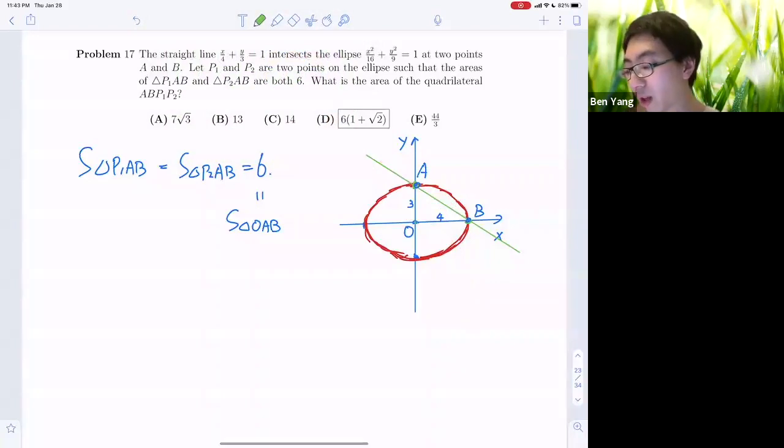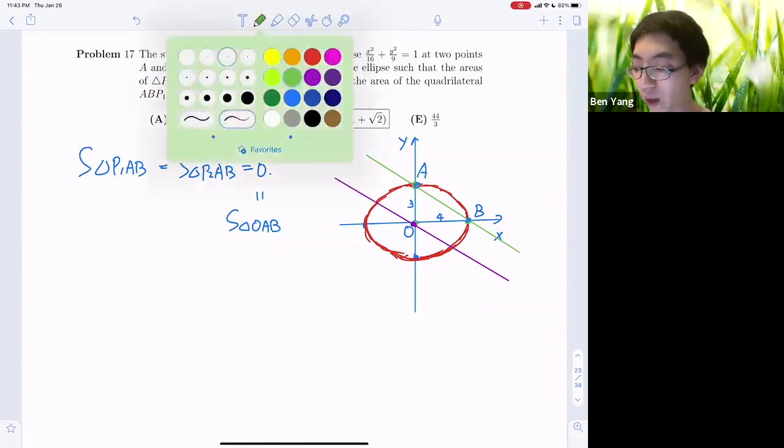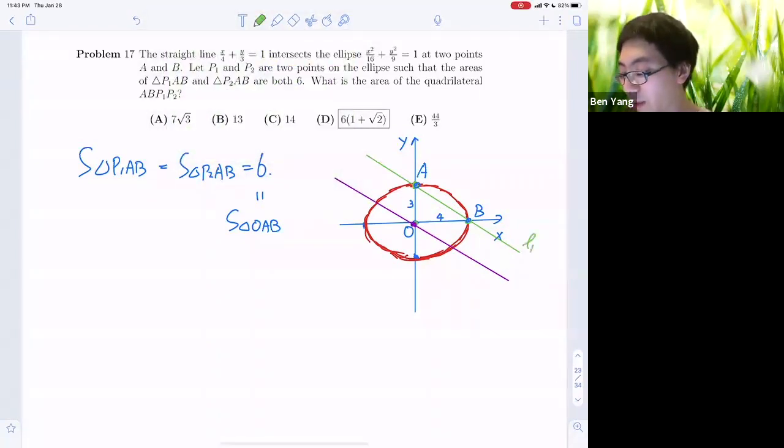So we just draw a line through the origin that is parallel to our given line. So let me draw the line here. Let's say our original line is L1 and our new line is L2.